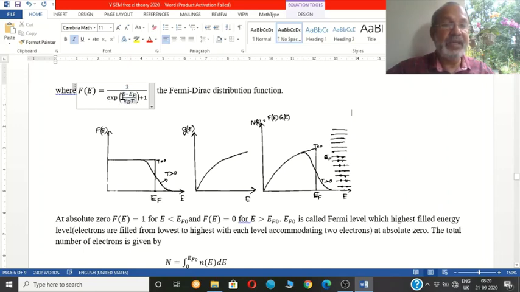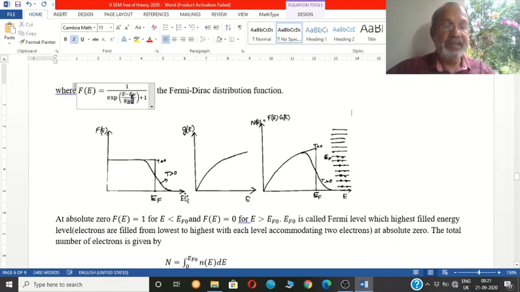And e raised to minus infinity is 1 by e raised to infinity, which is 1 by infinity, so that is 0. So this part of the formula becomes 0, and the remaining is 1 by 1, which is 1. So up to EF, the value of the function is 1 at T equal to 0.